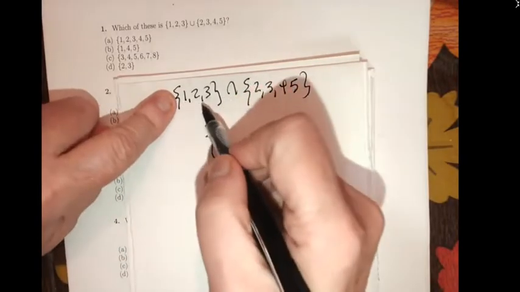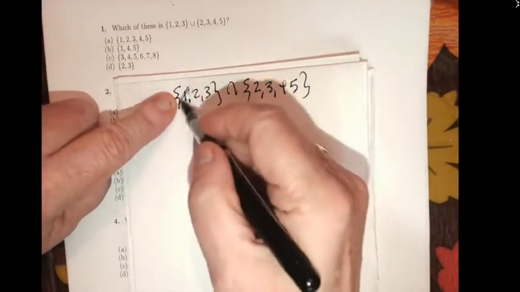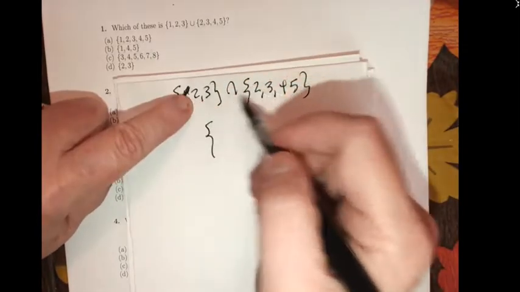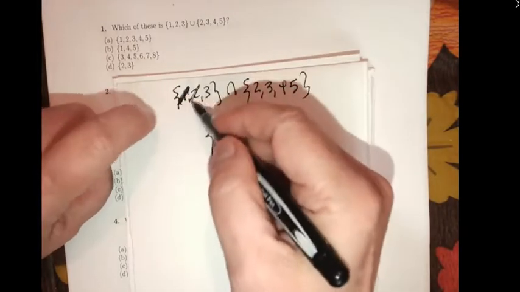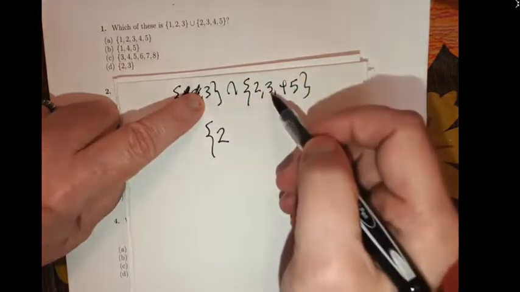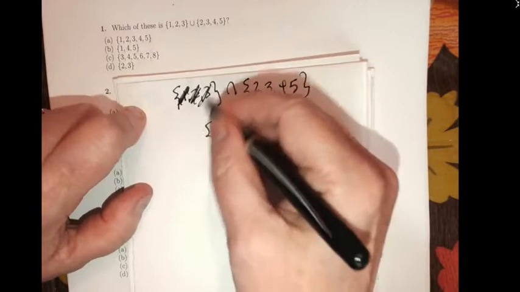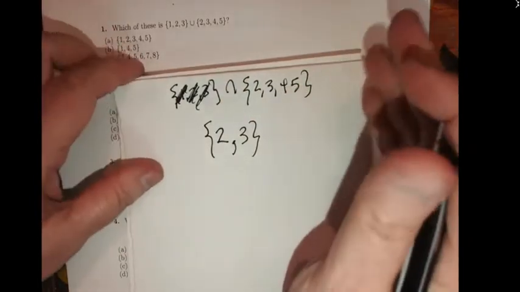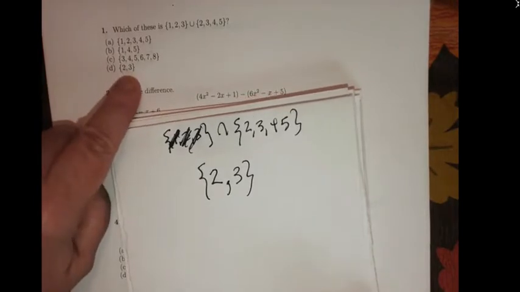So I just need to go through one set. I look at 1, it is not repeated, so it's not going to be in the intersection. I look at 2, it is contained in both, so it will be contained in the intersection. Then I look at 3, it is contained in both, and so it will be in the intersection. And then I'm done. So if the question had been intersection, the answer would have been D.